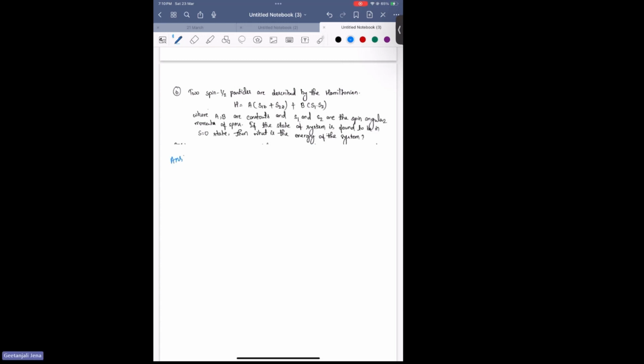It is given: two spin-half particles are described by Hamiltonian H equal to A (S1z plus S2z) plus B S1 dot S2.